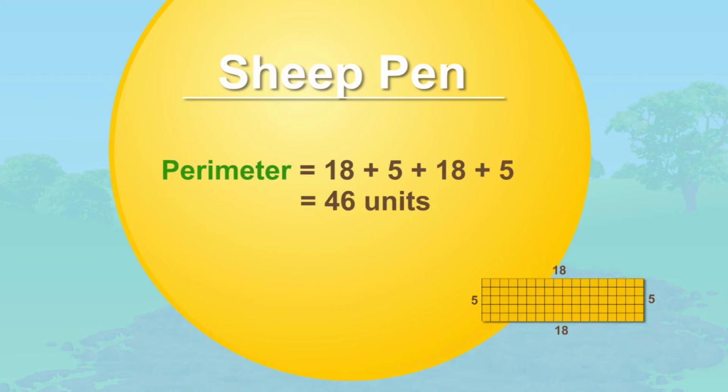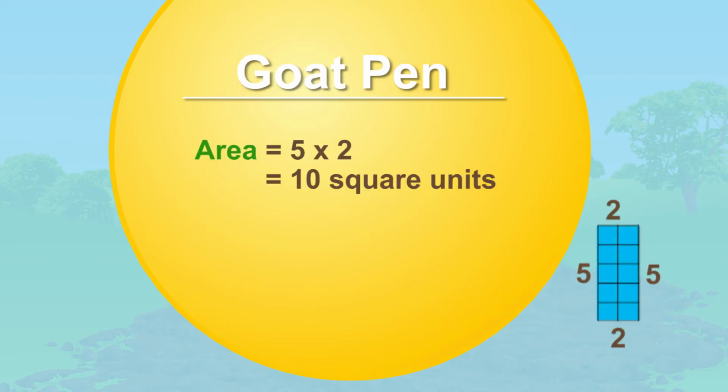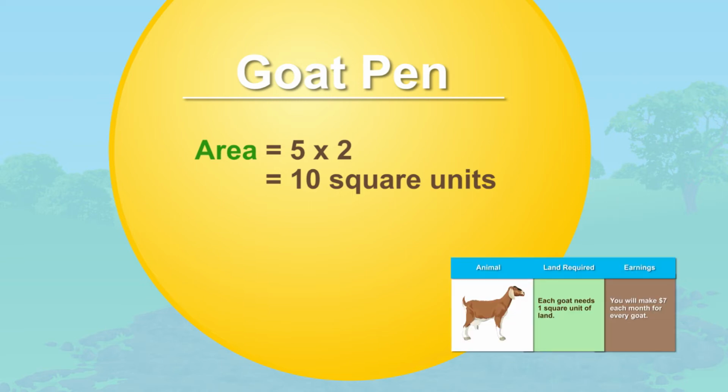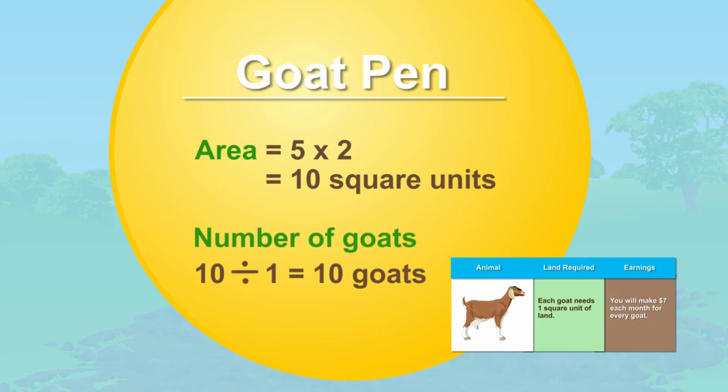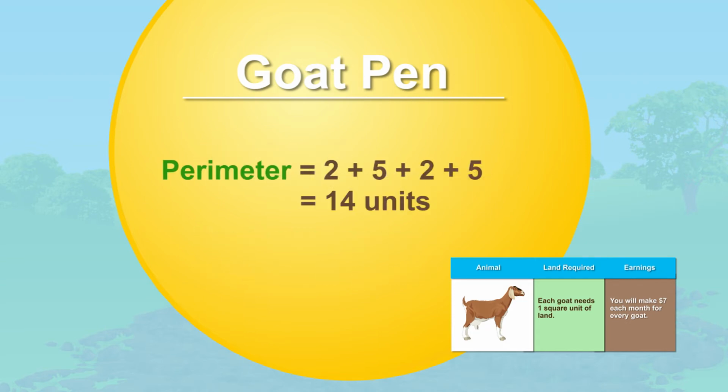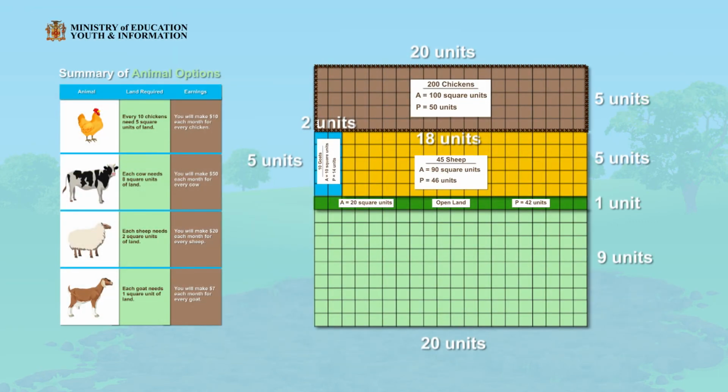Now, for the goats, I have 5 units by 2 units of land, and the area is 10 square units. How many goats will I be able to raise? 1 per square unit, so that's 10 goats. The perimeter would be 14 units. Looks good.